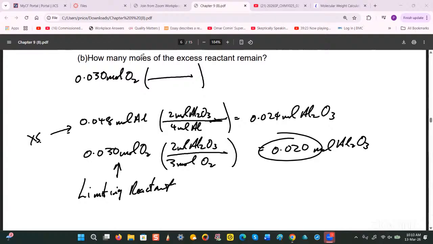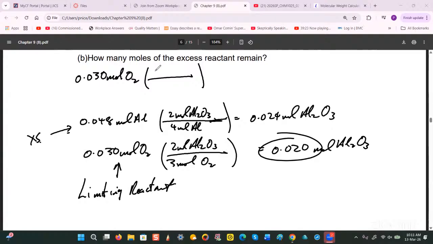Oh, somebody's saying something in the chat. Okay, so 3 moles of oxygen. I think you have it the other way around. Sorry, you got it backwards again, right?